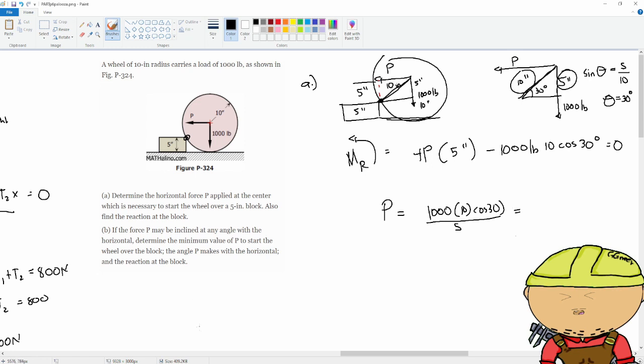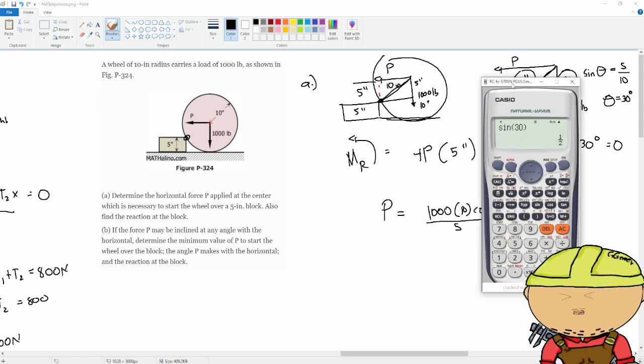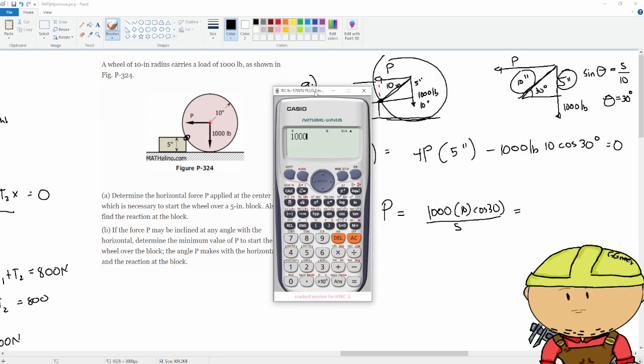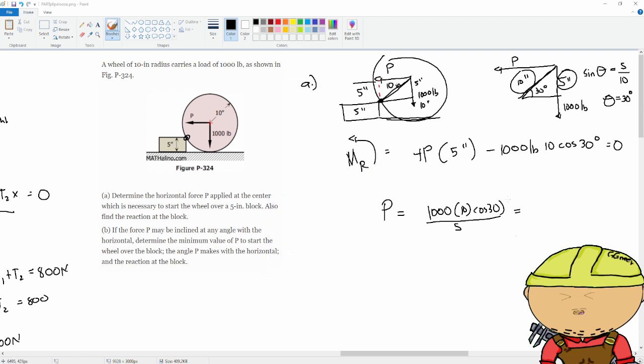What would be the answer? 1732.0508 pounds. Alright, that will be the answer for P.